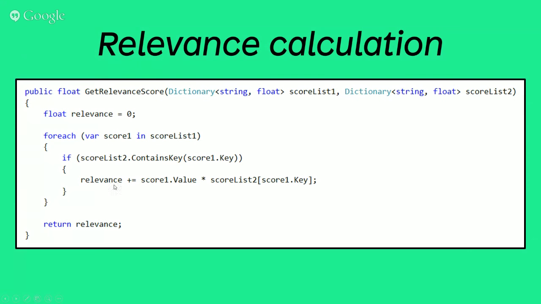If it has, then we multiply those two values. This is what we were doing in the table earlier. And we add it to the relevance score. So we loop through all the scores, and eventually we end up with this relevance number. So that's how in code we achieve what we did a minute ago.